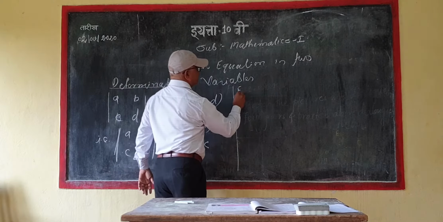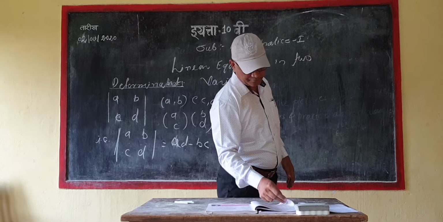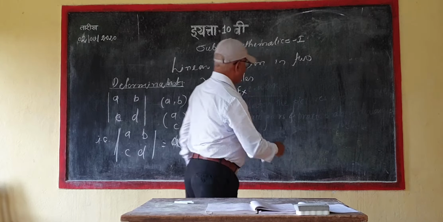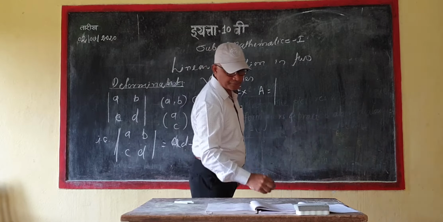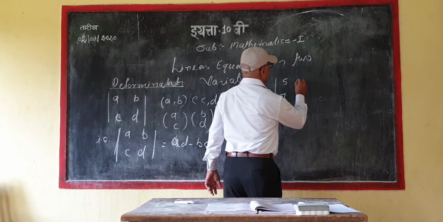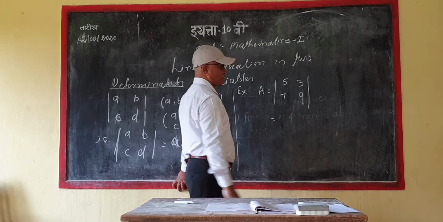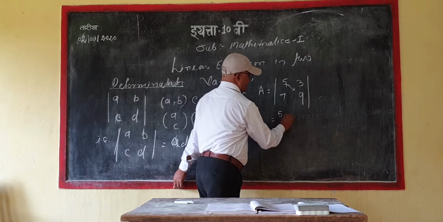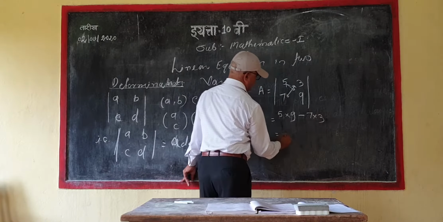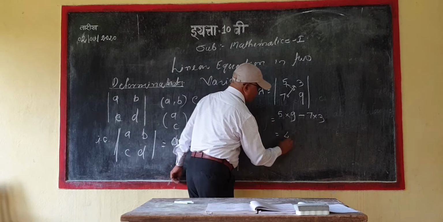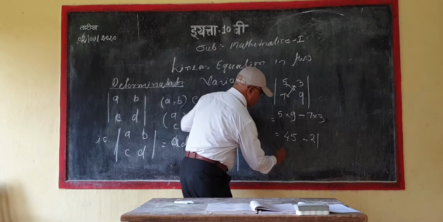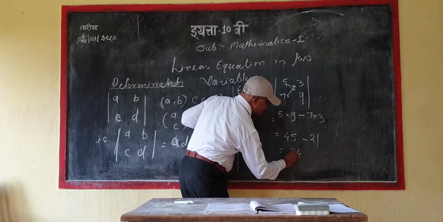For example, A is equal to 5, 7, 3, 9. Cross multiplication: 5 into 9 minus 7 into 3. 9 5s are 45 minus 7 3s are 21 is equal to 24.